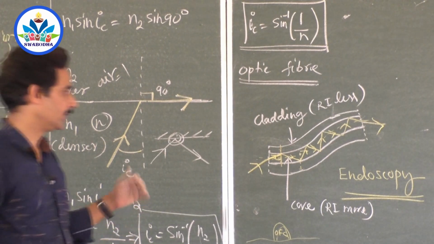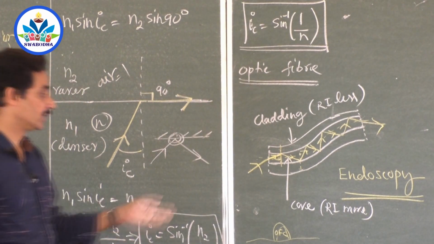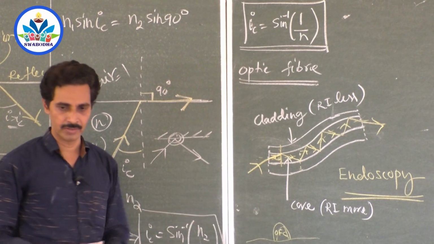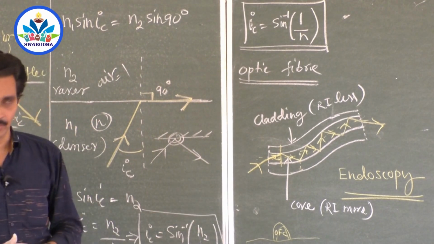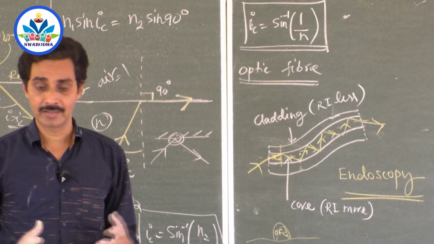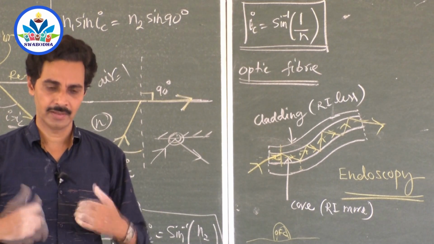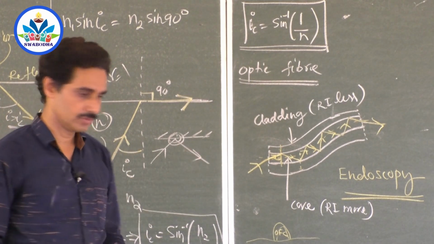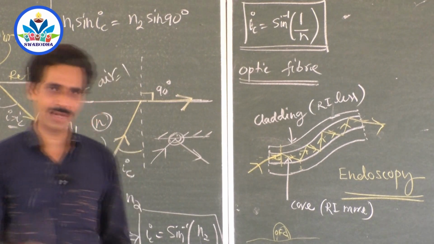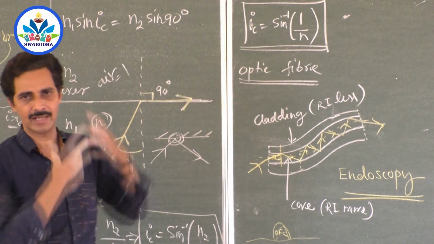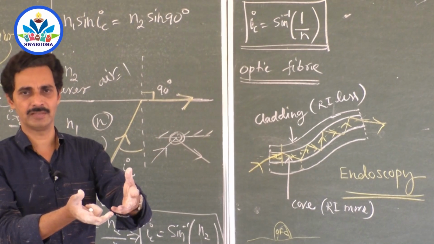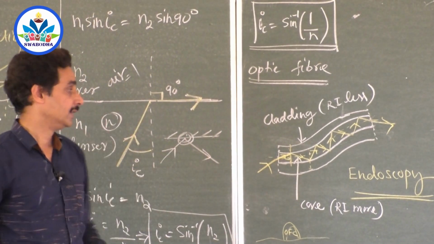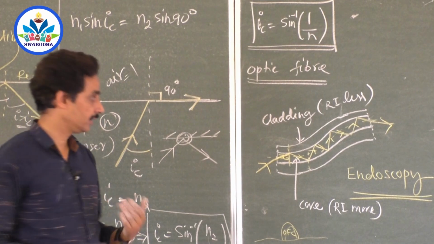This is a very widely used method of examining the internal organs. So in order to check any problem inside the stomach, the endoscopy method is used, where two sets of cables are used. Light is sent through one, and the reflected light is collected and taken out from another one, and it is displayed on a screen.